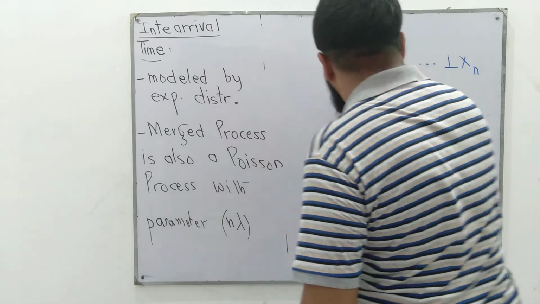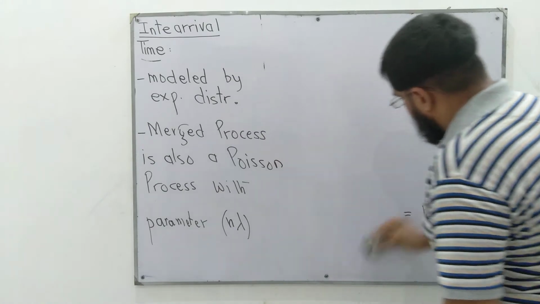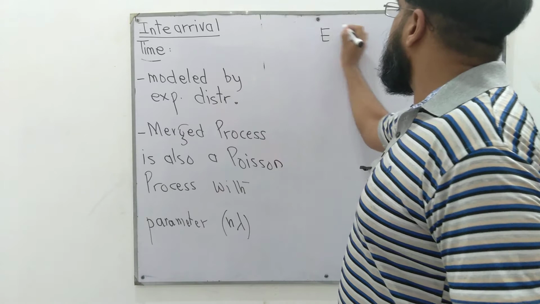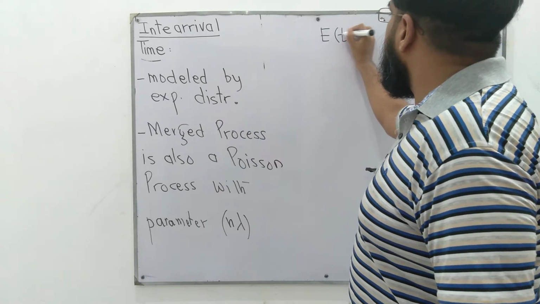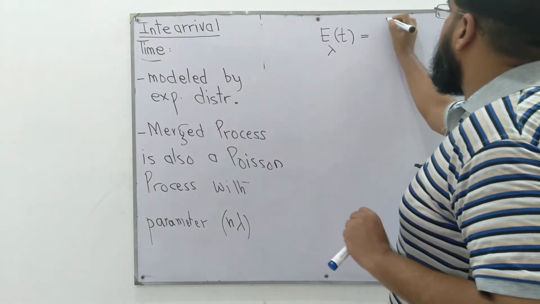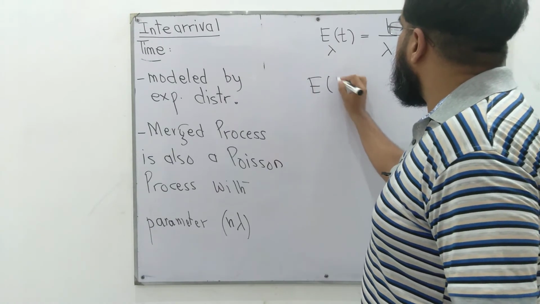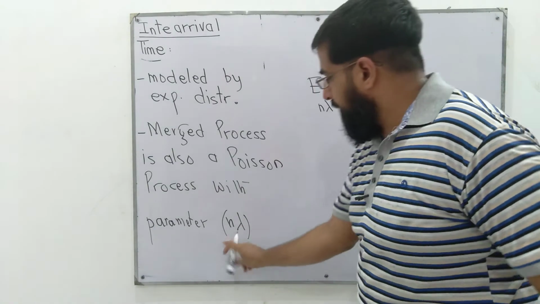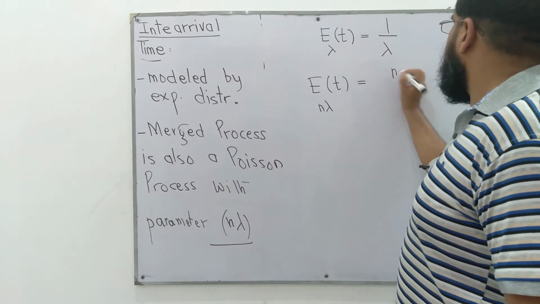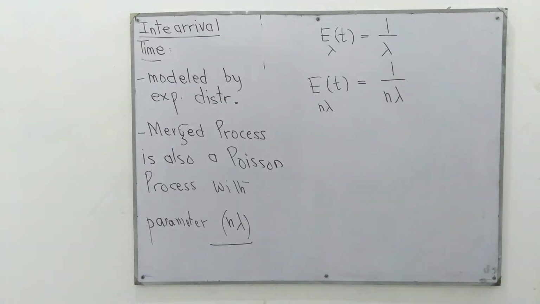And we know that if it is not n lambda, it's a single process, it's only lambda, the expected value of the inter-arrival time is 1 over lambda. So if we have n lambda instead, in case of a merged process, this should be 1 over n lambda, right?